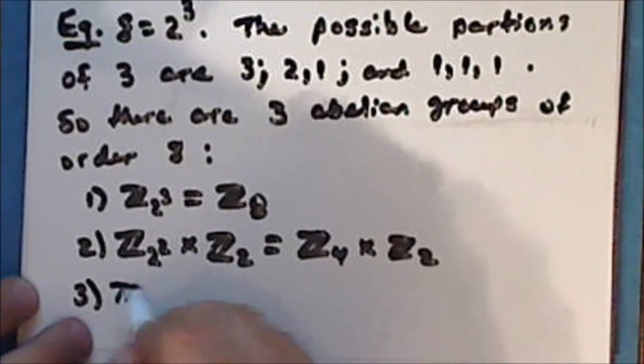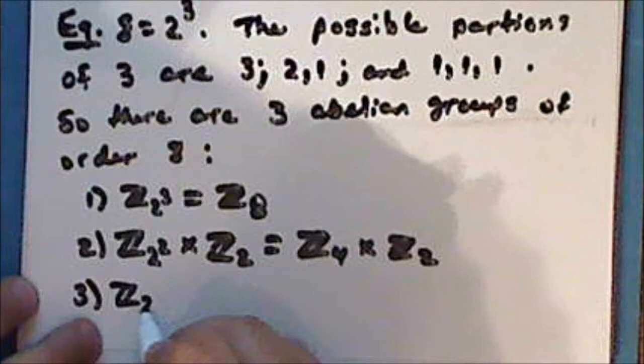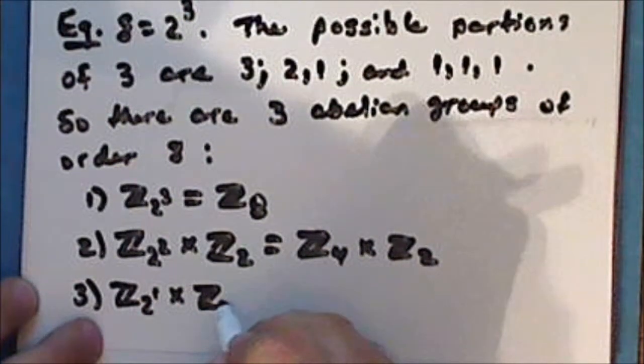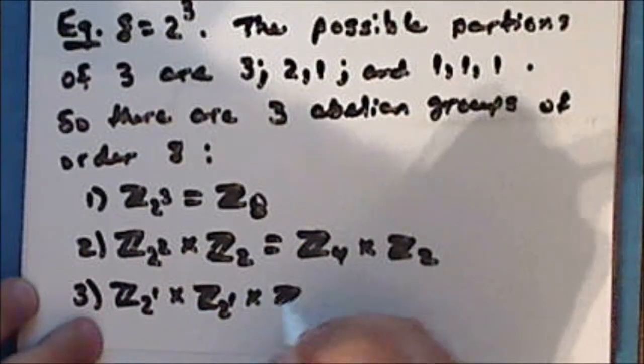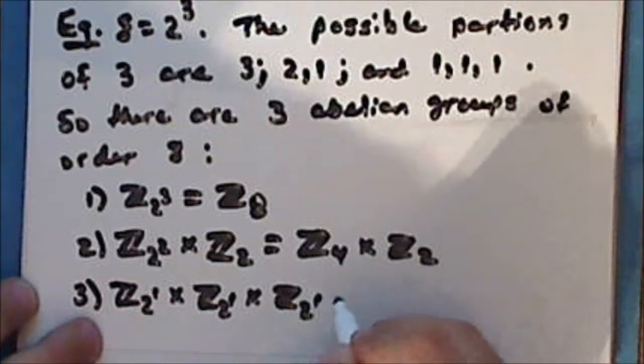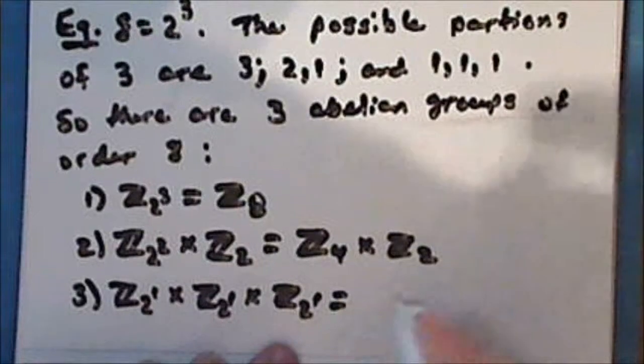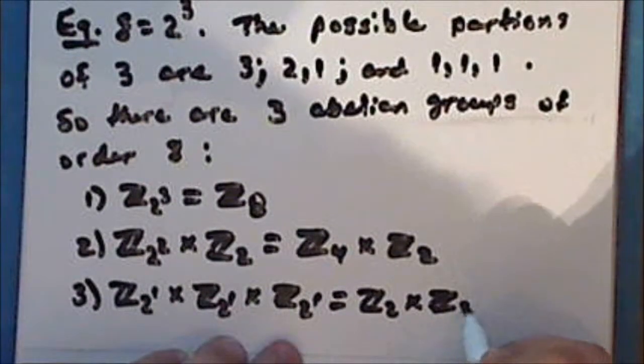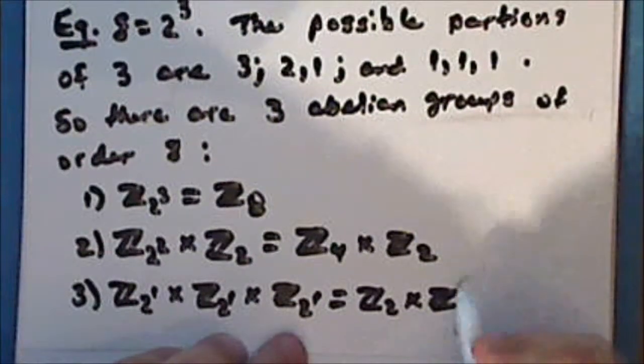And we have the product of the integers modulo 2 to the power of 1 times the integers modulo 2 to the power of 1 times the integers modulo 2 to the power of 1, which is the product of the integers modulo 2 with itself 3 times.